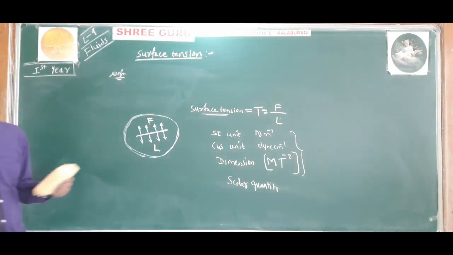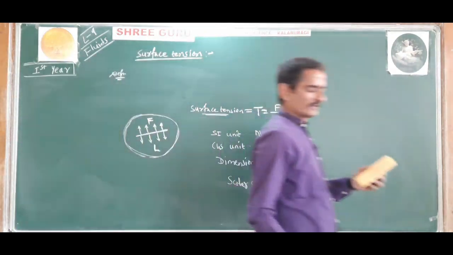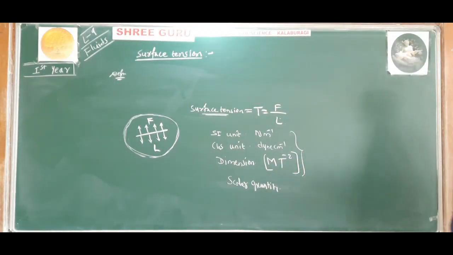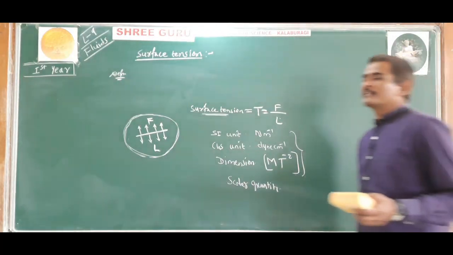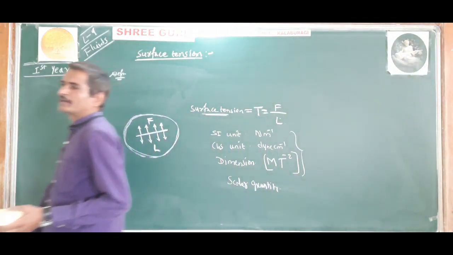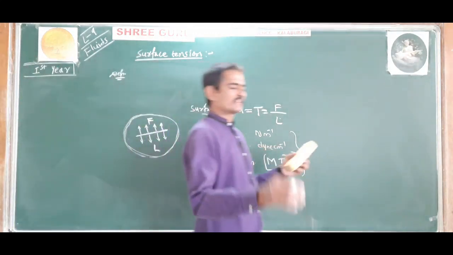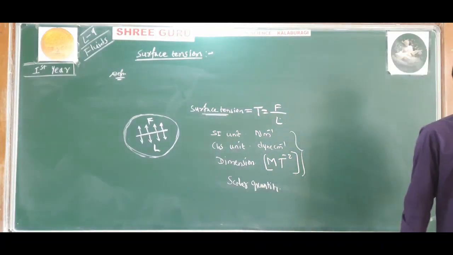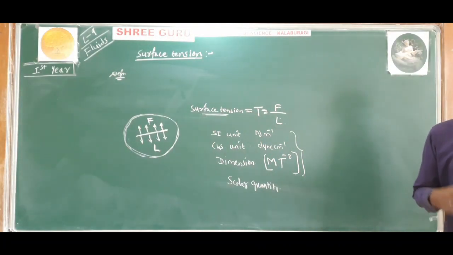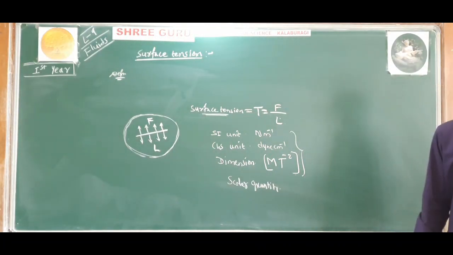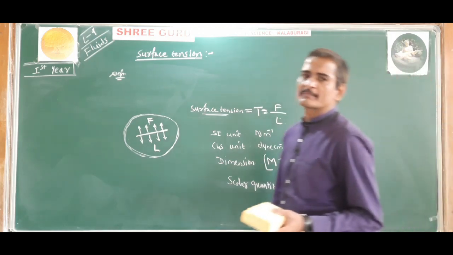Understood? So what is surface tension? Once again I will tell the definition. The property of a liquid by virtue of which the liquid surface tries to occupy minimum surface area and behaves like a stretched elastic membrane.